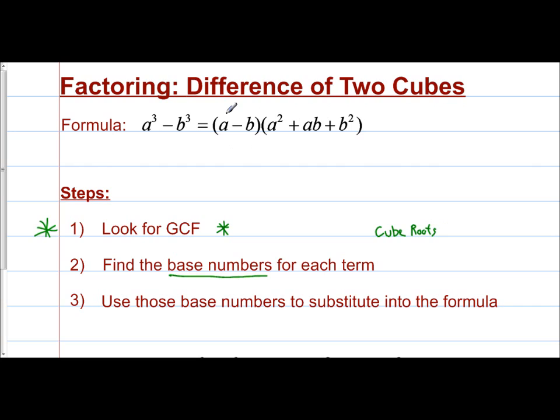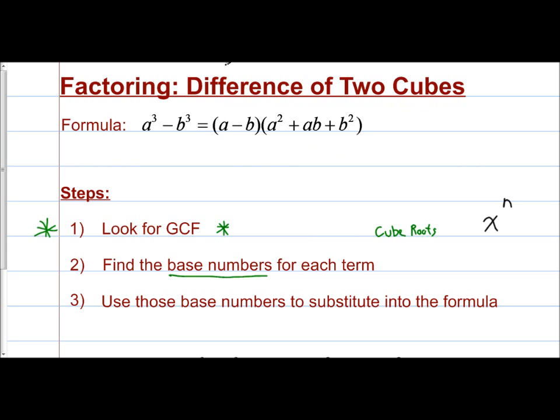We say base numbers because if I create x to the n power, n is our exponent, which is easy to remember, but we always seem to forget what we call the x, and we call the x the base. So when I say find the base numbers, you're finding the cube root of your perfect cubes. That's what we refer to as the base number, and you use those base numbers in the formula.